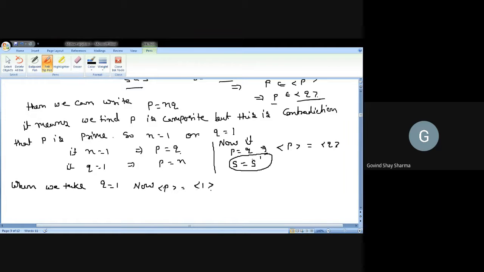So this becomes our ring R. That means we can say that S generated by P set is S and this is our ring R. So if S is generated by P, then S is maximal.